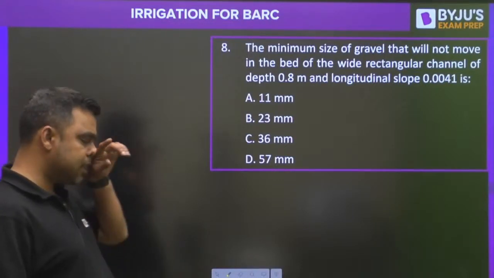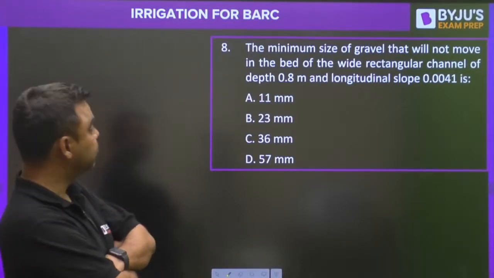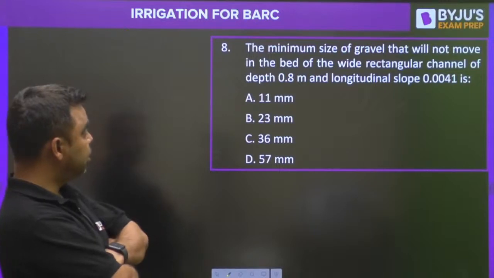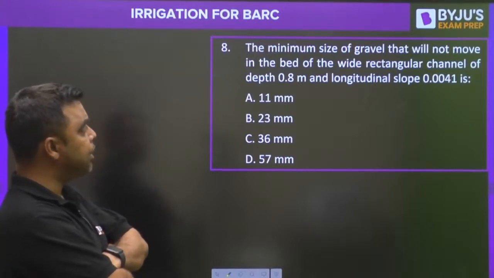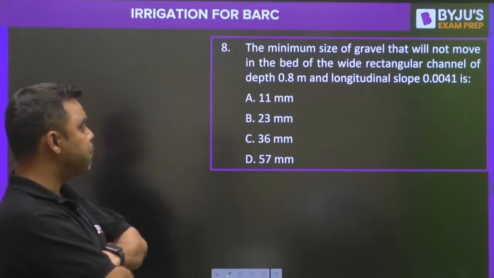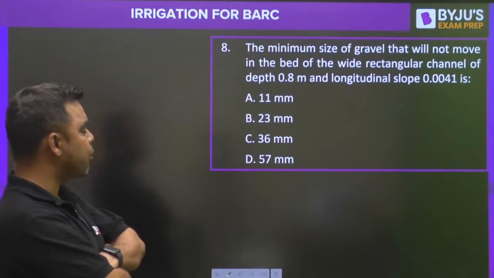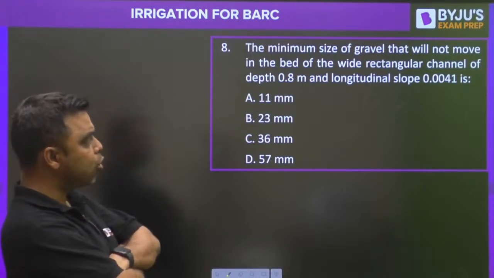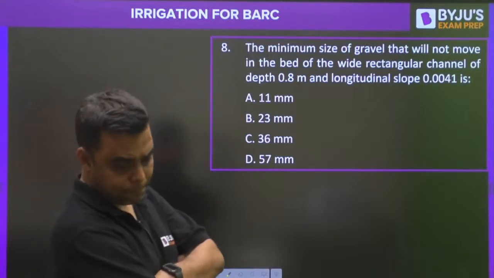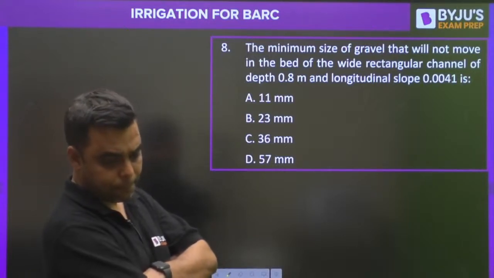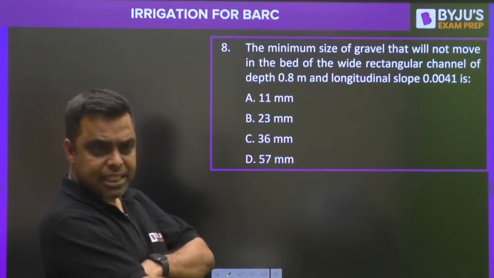Further, please answer this one. The minimum size of the gravel that will not move in the bed of a wide rectangular channel of depth 0.8 meter and longitudinal slope 0.0041. Very easy, right?